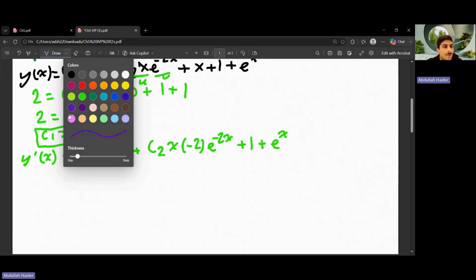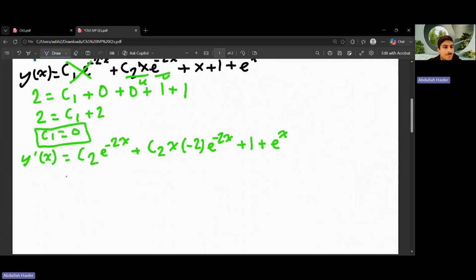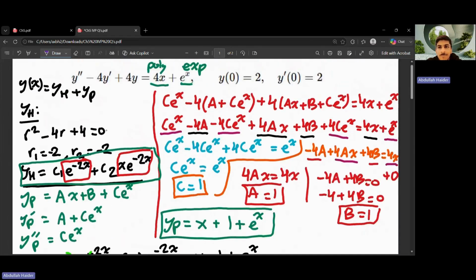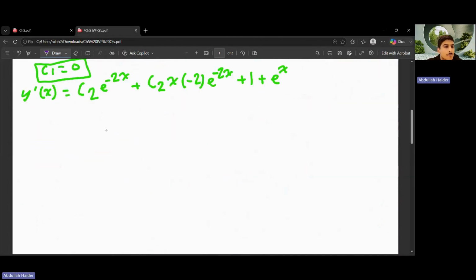So the purpose of the derivative is to find C2. So now we have found the derivative. We will apply this initial condition. Y prime 0 is equal to 2. So we have 2 here, and substitute 0 everywhere. If I substitute 0 here, I'll get e power 0 just 1, so C2 is by itself.